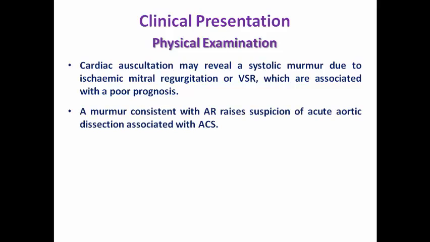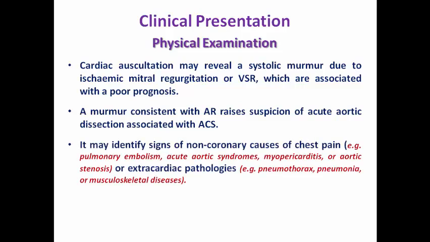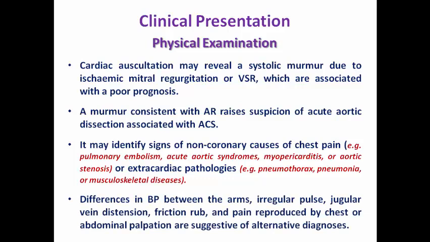And if there is an early diastolic murmur suggestive of aortic regurgitation, this raises a suspicion of acute aortic dissection type A. Sometimes examination may show signs of non-coronary causes of chest pain or other extracardiac pathologies, and if there is a difference in blood pressure between the arms, irregular pulse, congested neck veins, friction rub, or pain reproduced by chest or abdominal palpation, these are suggestive of other alternative diagnoses.